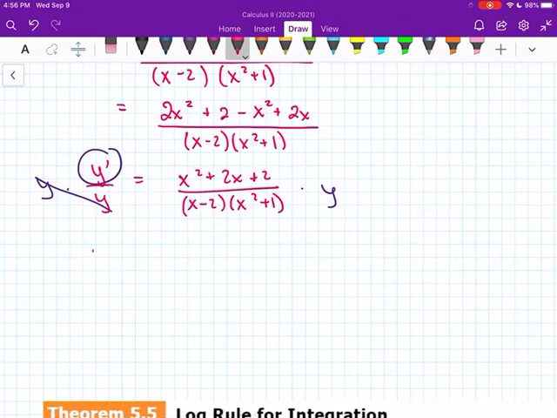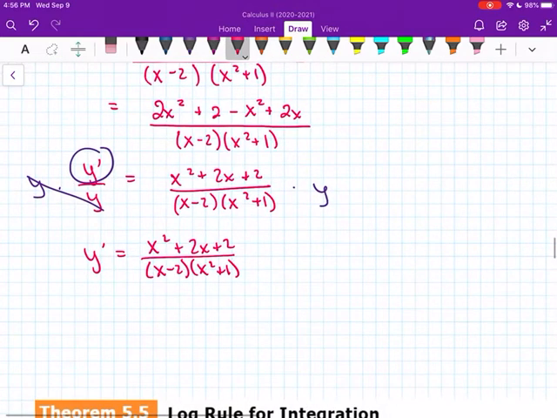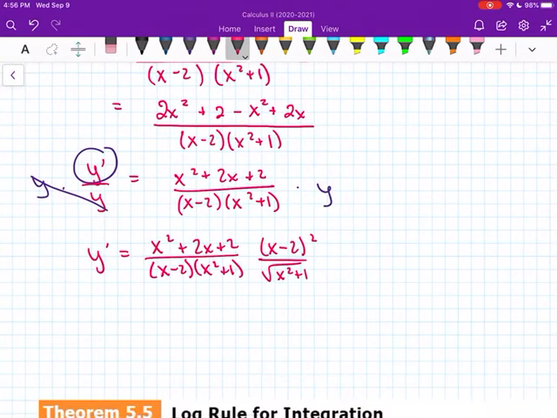Okay, so now I have that y prime equals this gross fraction, x squared plus 2x plus 2 over (x minus 2)(x squared plus 1), times y, which was (x minus 2) quantity squared over the square root of x squared plus 1. So now if I look, I can see that I have x minus 2 here and x minus 2 there. And what else do I have?